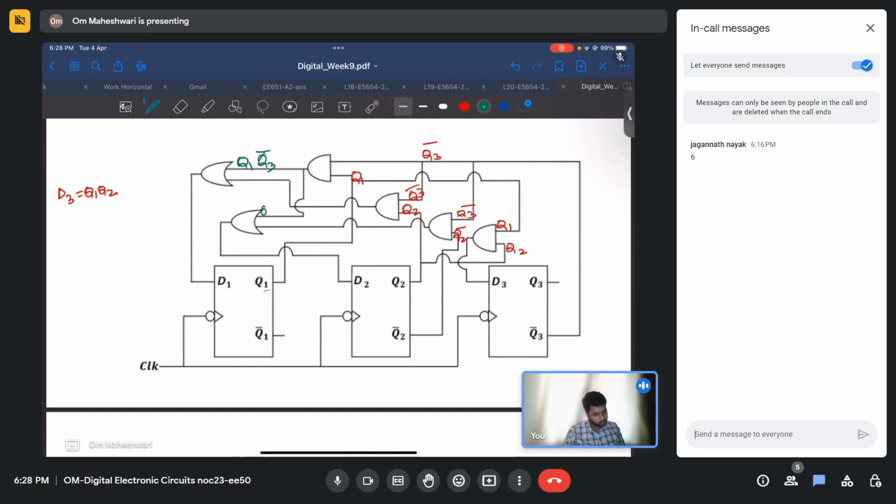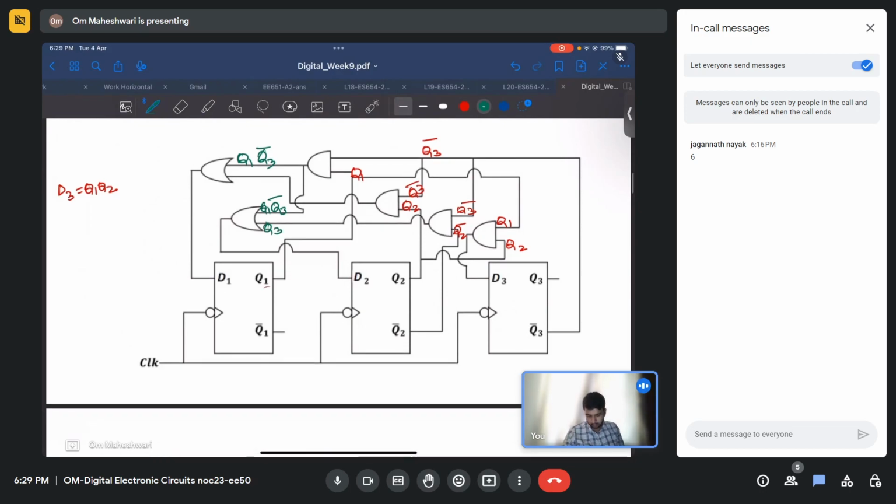So this branch is Q1, Q3 bar, and here we have Q3 bar, Q2 bar. So D2 is Q1 Q3 bar plus Q2 bar Q3 bar. That is Q3 bar times (Q1 plus Q2 bar). This is D2.